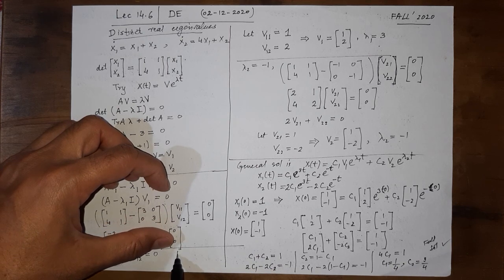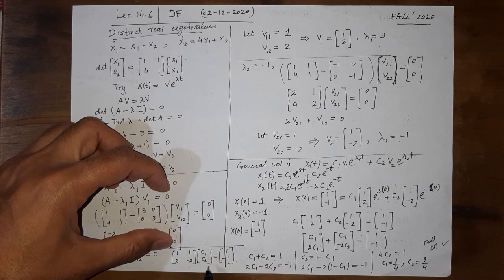So we can write this as the matrix (1, 1; 2, minus 2) times (c1, c2) is equal to (1, minus 1). Then we could employ matrix algebra and find what this vector is equal to.